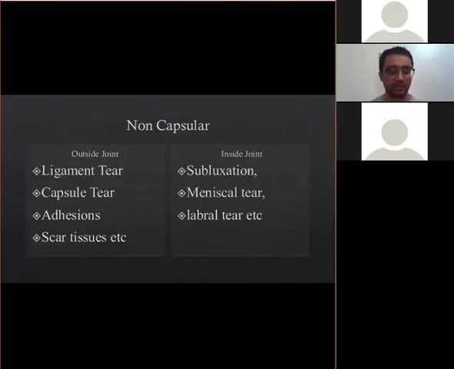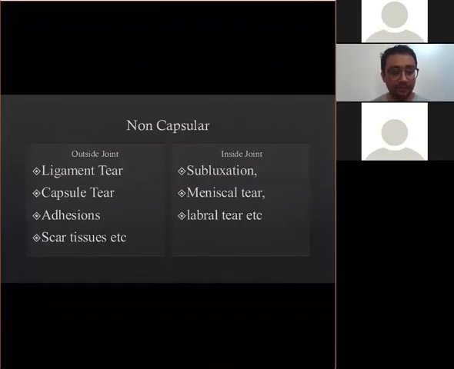I have the answer on the screen, but try to jump in and answer what kind of structures you see inside the joint or inside the capsule, and what kind of structures you see outside the capsule. Okay, guys, jump in on the chat box and just type in what kind of structures.